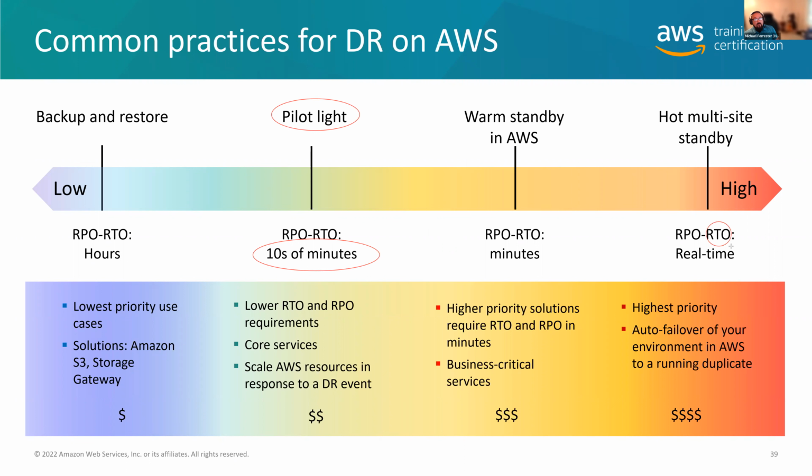Especially if the RTO is typically the dictator, then it's going to determine whether or not you can do minutes, real time, tens of minutes, or hours, right? Questions about that? Okay.